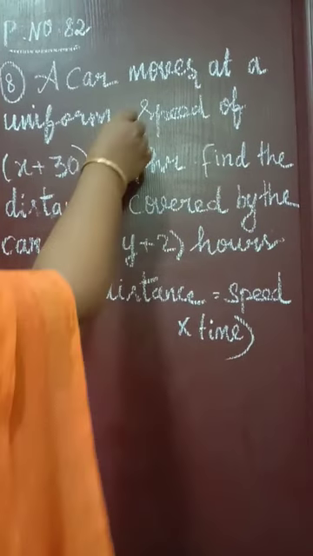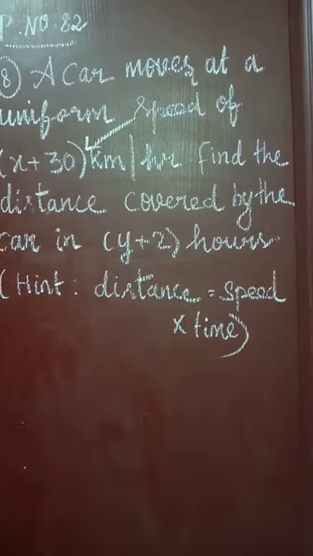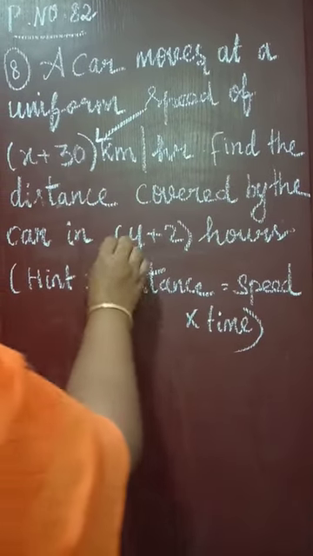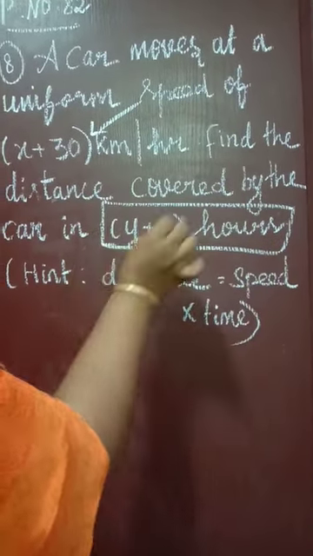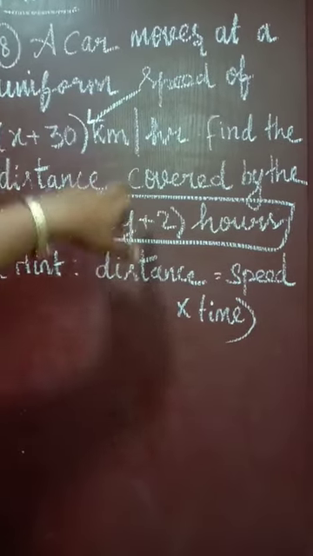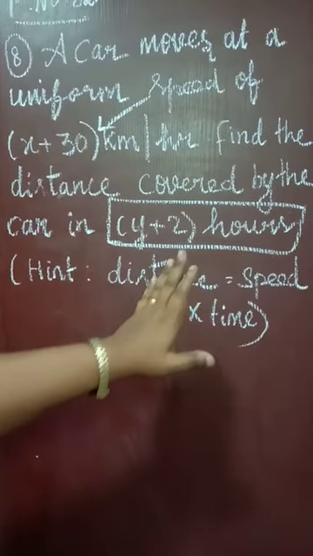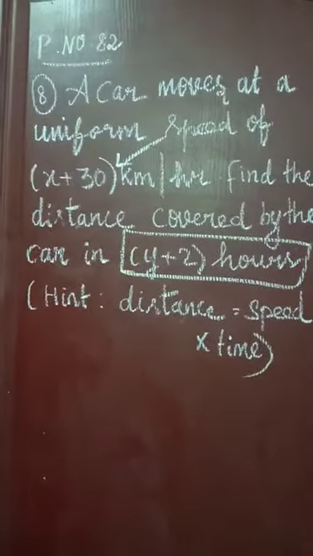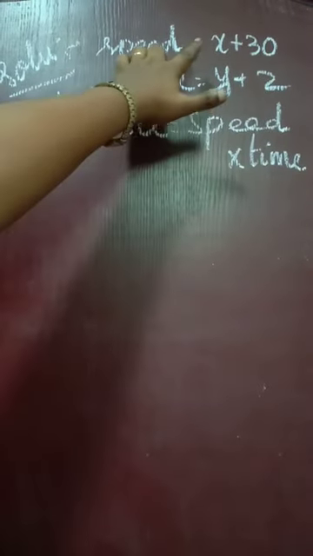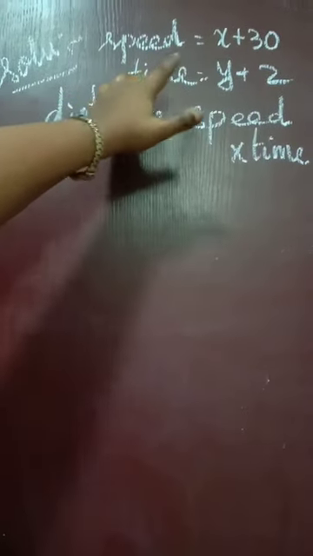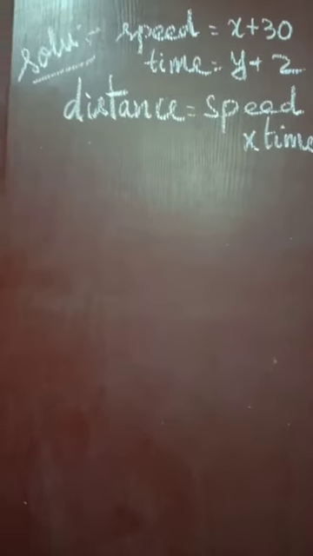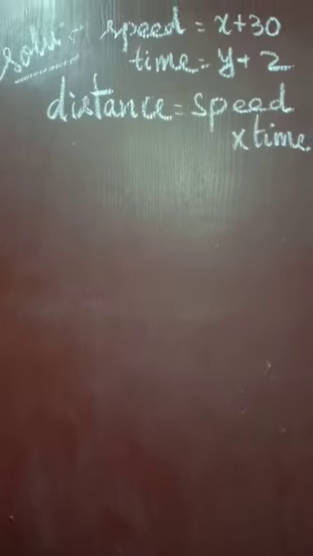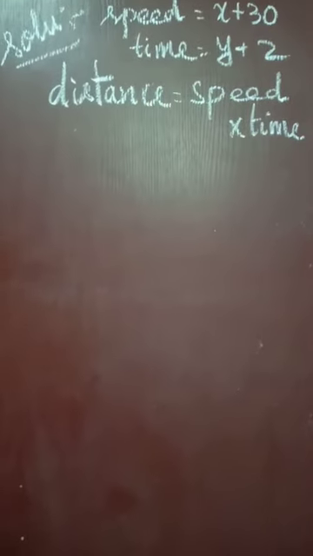Speed is given, this is the speed. Time is also given, this is the time. Multiply the speed with the time and you get the distance covered by the car. Speed equal to x plus 30. Time is equal to y plus 2. We are going to find the value of the distance of the car.